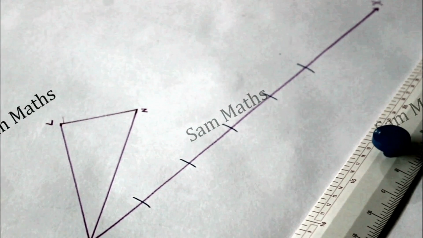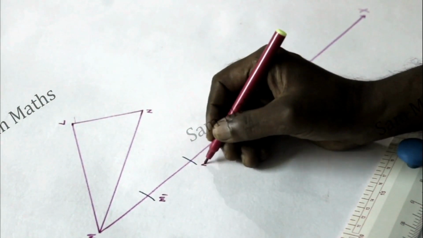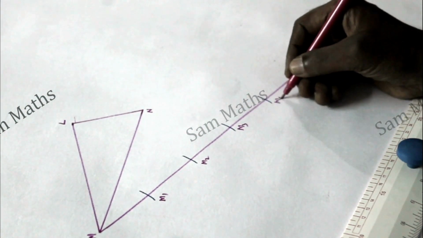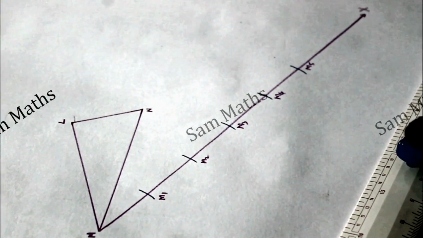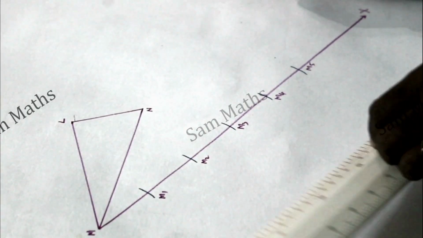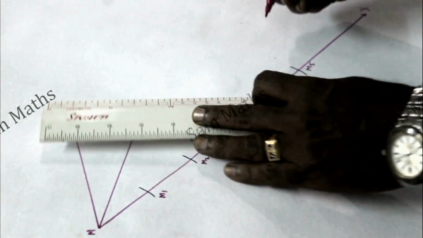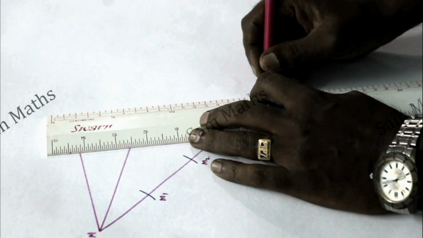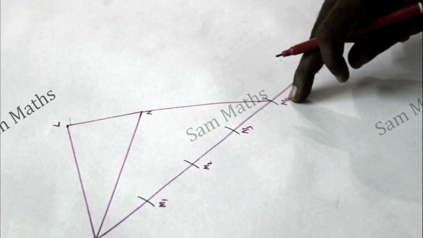Okay children, let them be M1, M2, M3, M4, M5. Now you can join M4 and N. Here I join M4 and N.